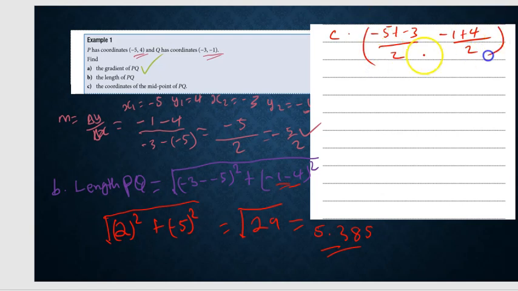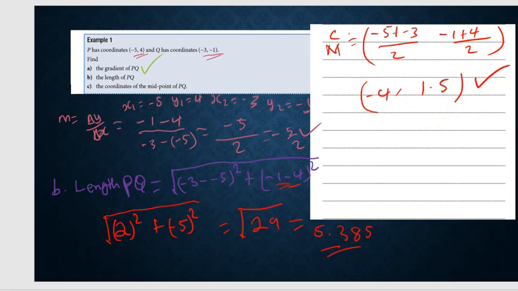So this is the formula for us to be able to find the midpoint, capital M. So this becomes negative 4, because negative 5 plus negative 3 divided by 2 gives us negative 4. And then negative 1 plus 4 by 2 gives 1.5. Correct. Very simple.